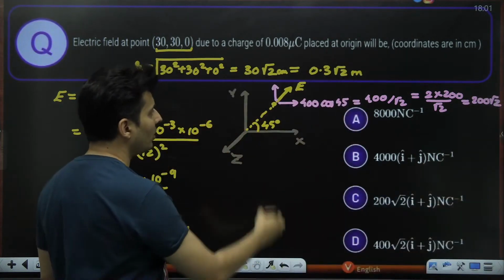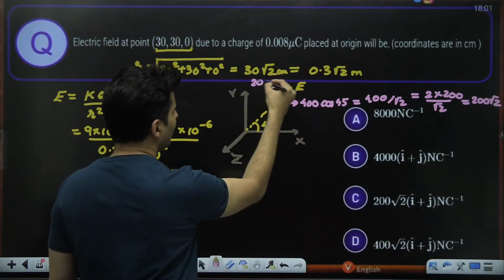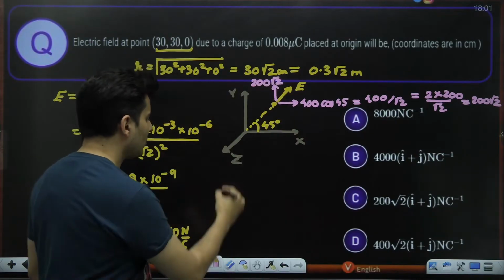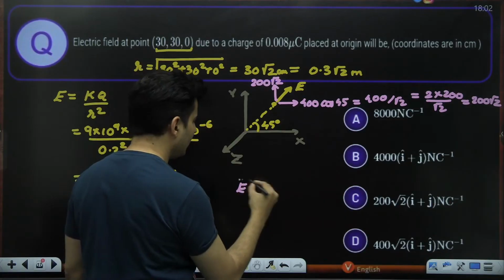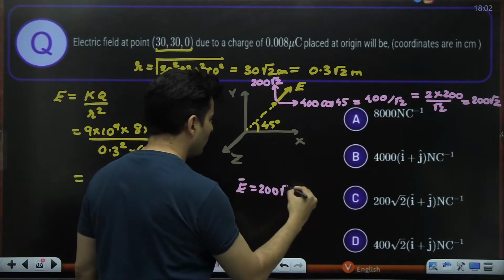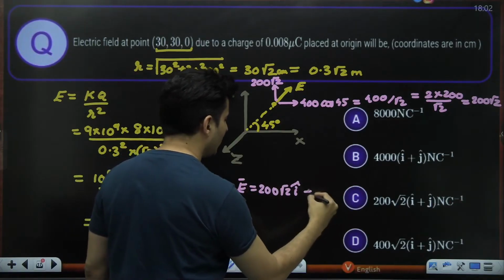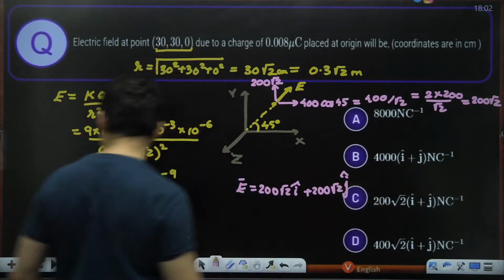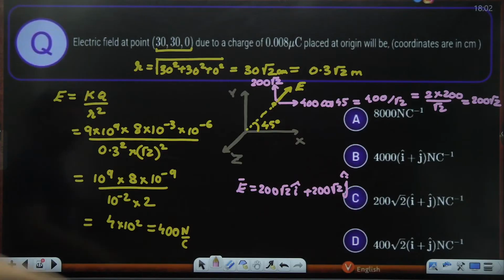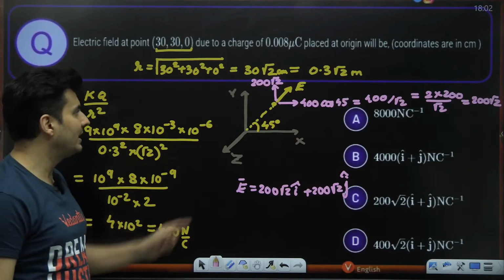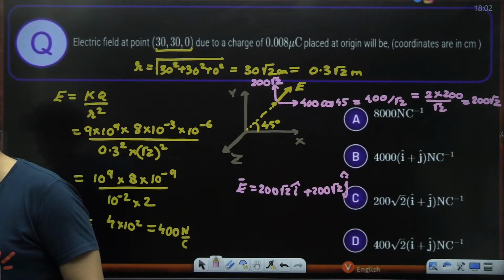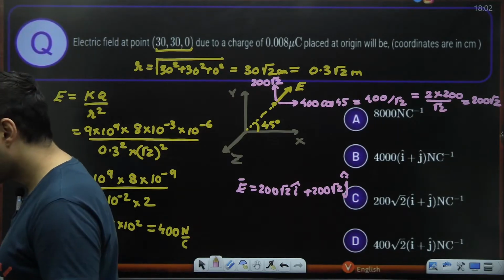So the x component is 200 root 2, and the y component will also be 200 root 2. So the electric field will be 200 root 2 i cap plus 200 root 2 j cap, which is option C. 400 was the net field vector, split it up, that's all. So one extra step is there because of the components.